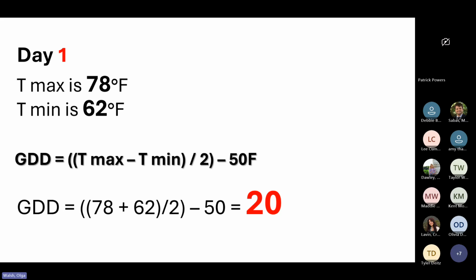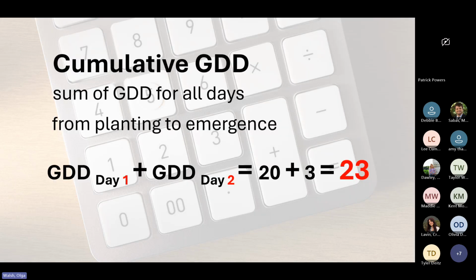Plugging the numbers into our GDD formula, we discover that this day provided our crop 20 heat units. Then the second day, same thing, different growing environment, happens every single day. Temperatures vary greatly, and so on day 2 we have only 3 heat units. The cumulative GDD for those 2 days is combining those, and that can be done for the whole entire season.